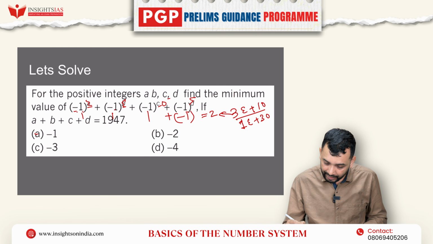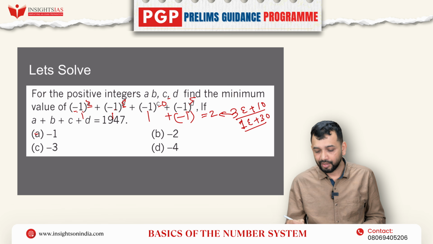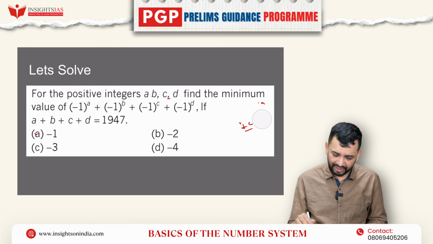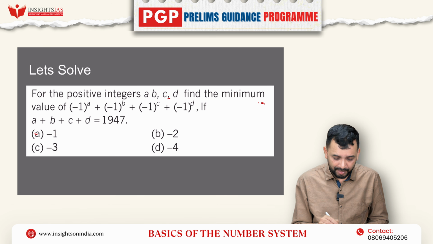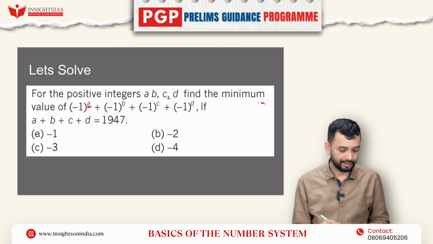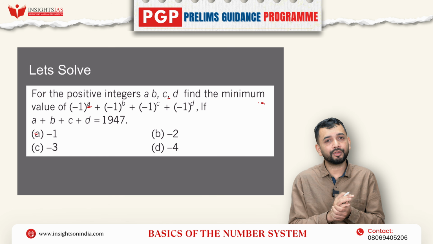Now if you look at the other possibility, that is 1 is even and 3 are odd. Any one can be even because all have the same base, so it does not matter. If it is -1 to the power of a, let's say this is even. An even power of a negative number is what?